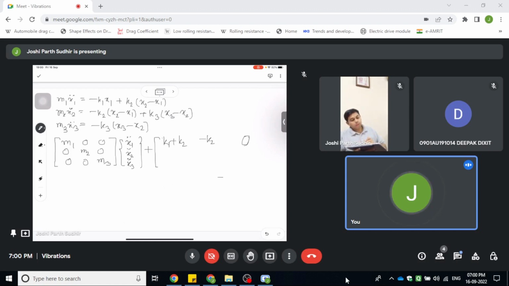Then in the second equation, the coefficient of x1 will be again minus k2.